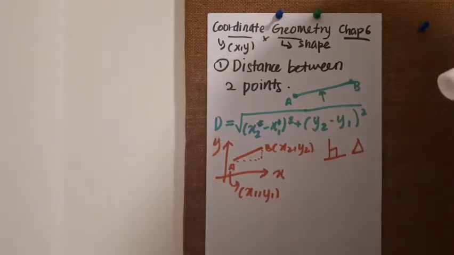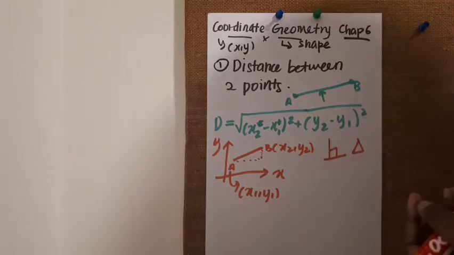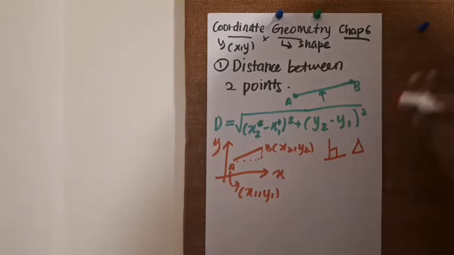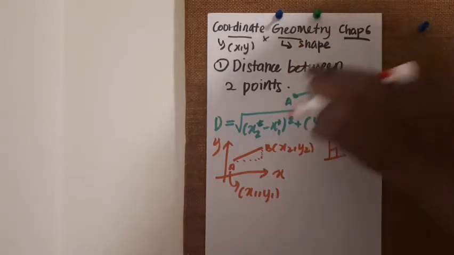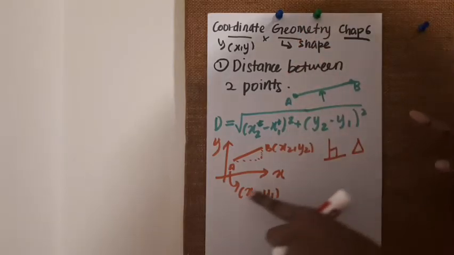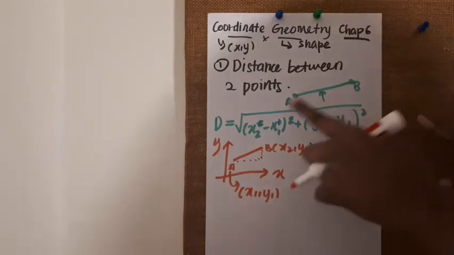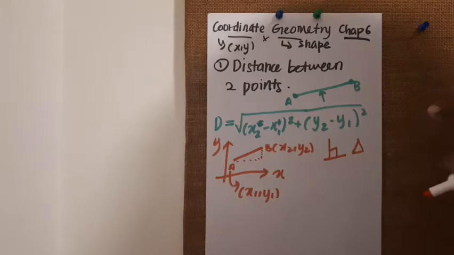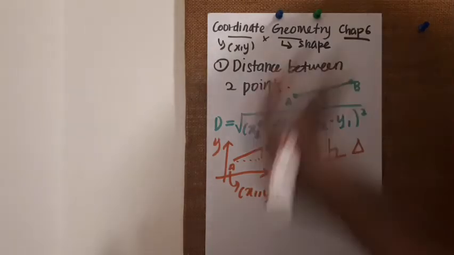I think this formula is provided in the exam, but even if it's not, the only thing you have to make sure is to set a point 1 and point 2, where the point 1 coordinates are x1, y1, and the point 2 coordinates are x2 and y2, and just substitute everything in the formula, then calculate.